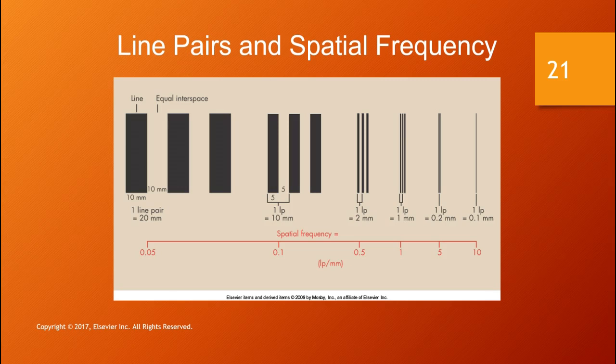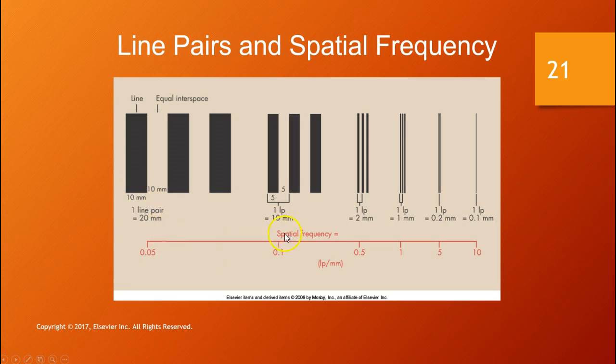For instance, on the left here, you have one line which is 10 millimeters wide, and then you have a space, which is 10 millimeters, and then starts the next line. So this distance from the beginning of one line to the beginning of the next is termed one line pair. In this instance, it equals 20 millimeters.